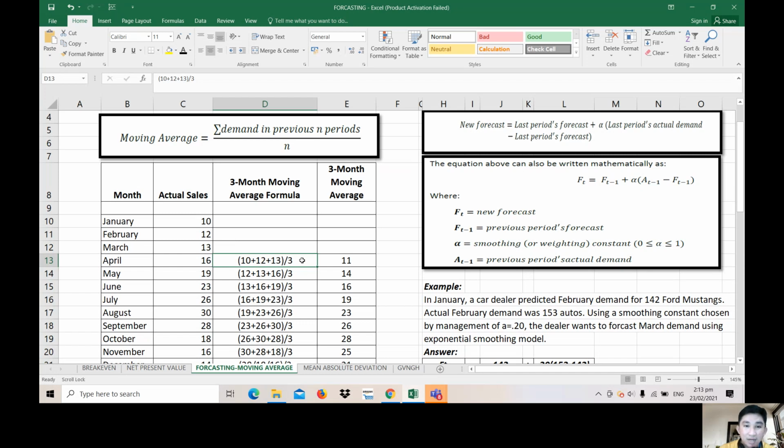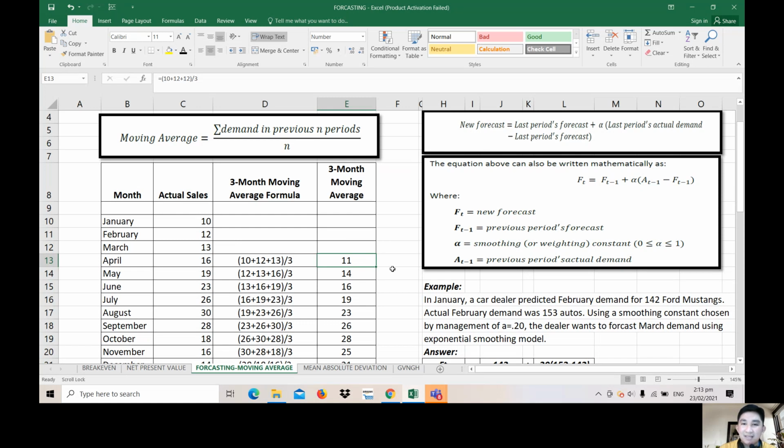Therefore, our forecast in April is 11. But here the actual is 16. So again, a forecast is just a forecast. We need to forecast how many sales there will be, how many we will produce, but it will not really be the value of the actual.